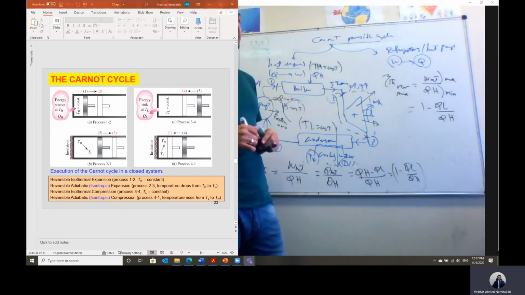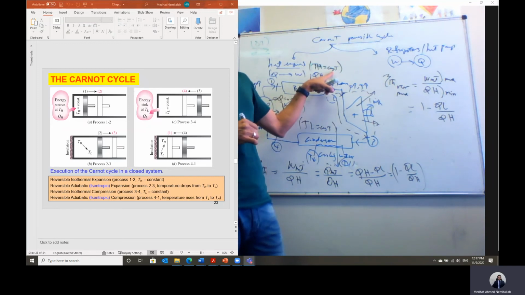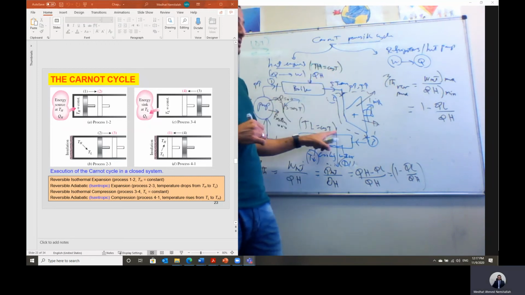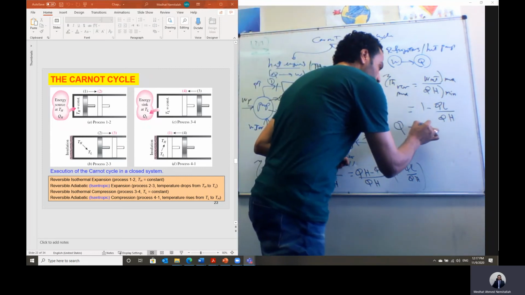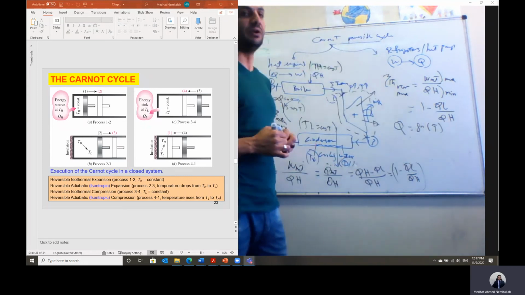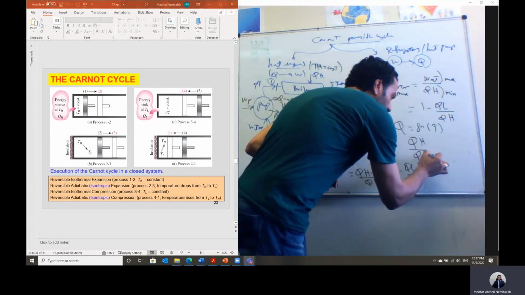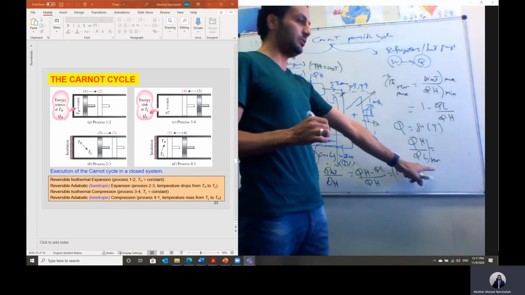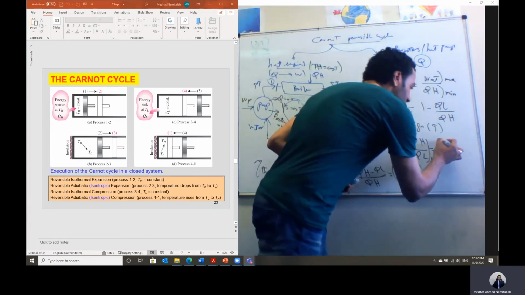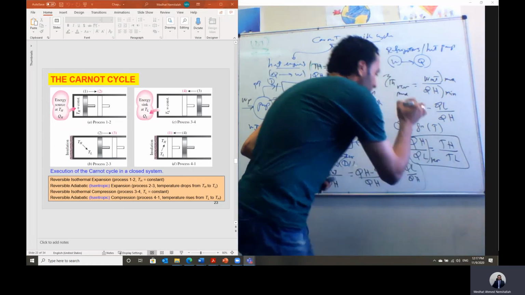But in the case of the Carnot reversible cycle, heat is added under constant temperature and heat is rejected under constant temperature. That means heat is solely a function of temperature. And we can prove that the ratio Q high over Q low for the Carnot reversible cycle is the same ratio as T high divided by T low.